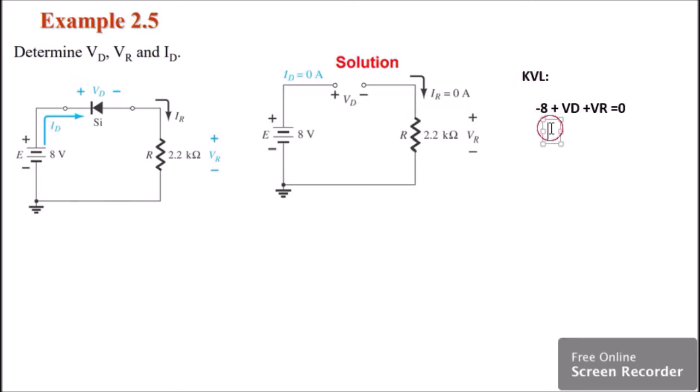And then, going back, we'll just replace our VR. So, copy this negative 8 plus VD plus our VR, which is equal to IR times R. Our IR is equal to, let's just write it, IR times R, which is equal to 0.